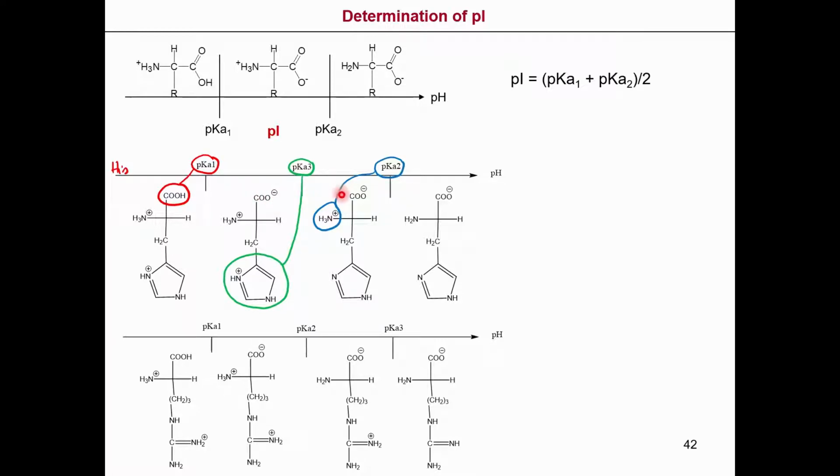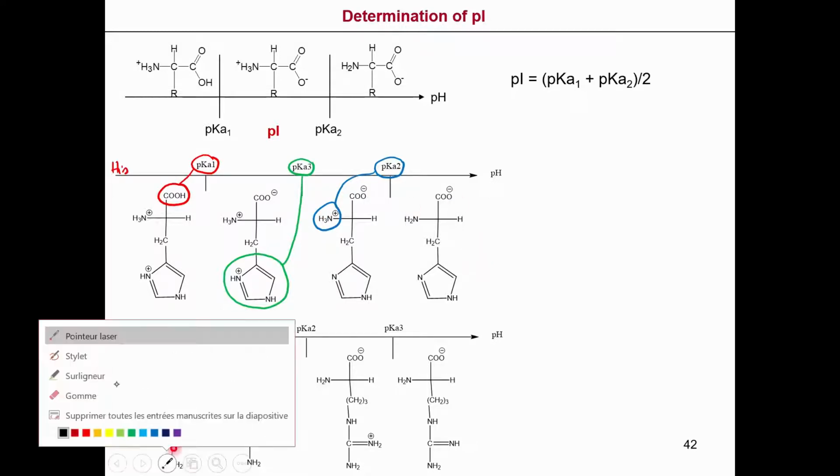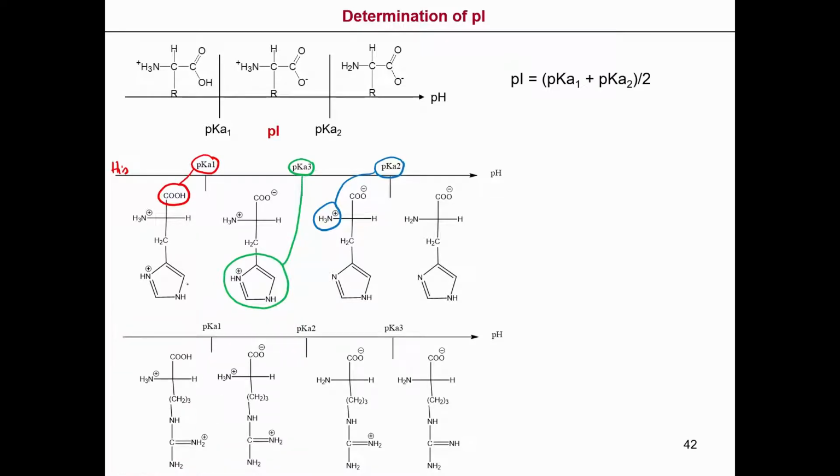When we increase the pH, this ring becomes neutral because its pKa3 is related to this function. And when the pH crosses the pKa2, the amine group becomes neutral. It loses its proton. Okay? So where is the neutral form? Here you have 2 positive charges, here 1 positive, and here you have the neutral form. Okay?